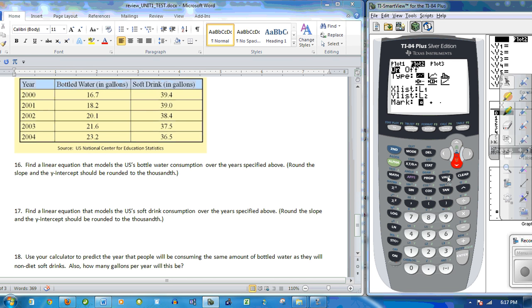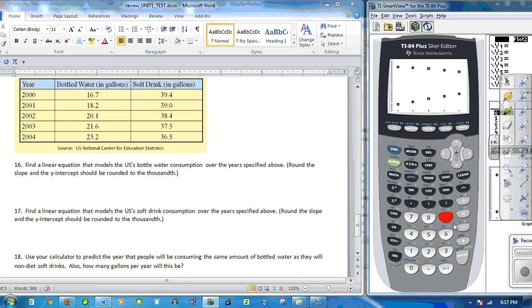I want to graph X versus Y, where X is the year, so that's still L1, but my next list I'm going to use is L3 instead of L2, so I'm going to do second and then the number 3, and then I'm going to hit graph. I'm going to hit zoom 9 again, so it'll zoom around both data sets now that both those graphs are active. And now I need to do a line of best fit for both of them.